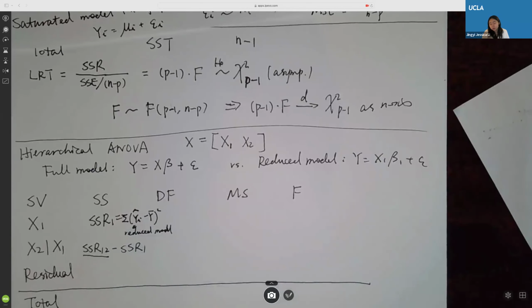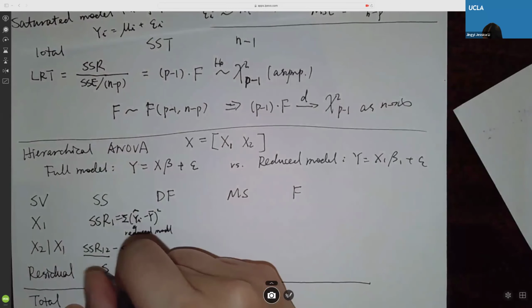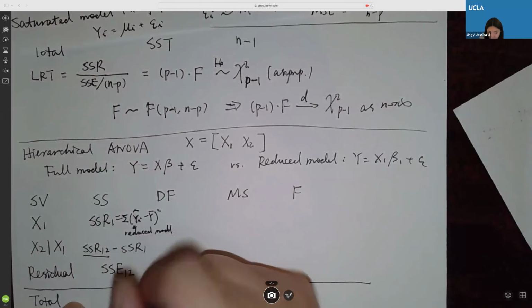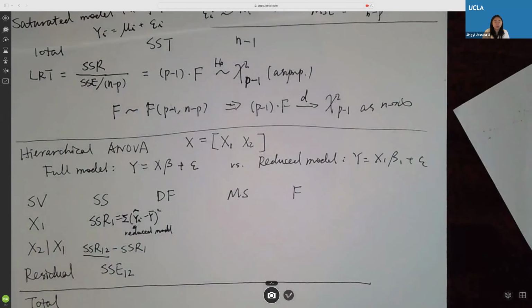Because we know the full model should explain more variation than the reduced model, SSR12 should be bigger, or at least bigger or equal to SSR1, right? So this should be non-negative. And finally, residual. Residual here is SSE12. That is, we use the full model to get the residuals and do the SSE calculation.